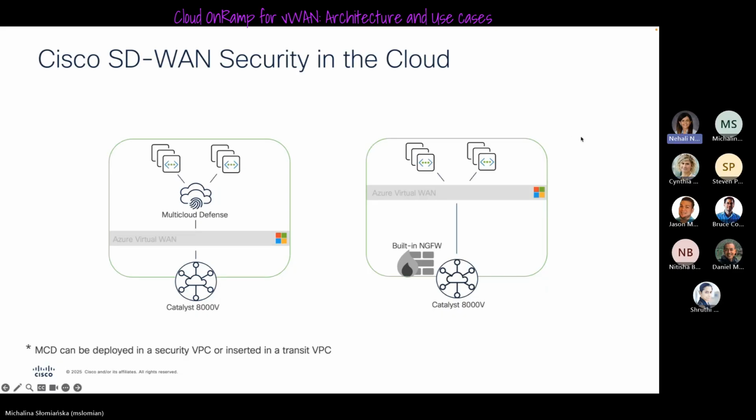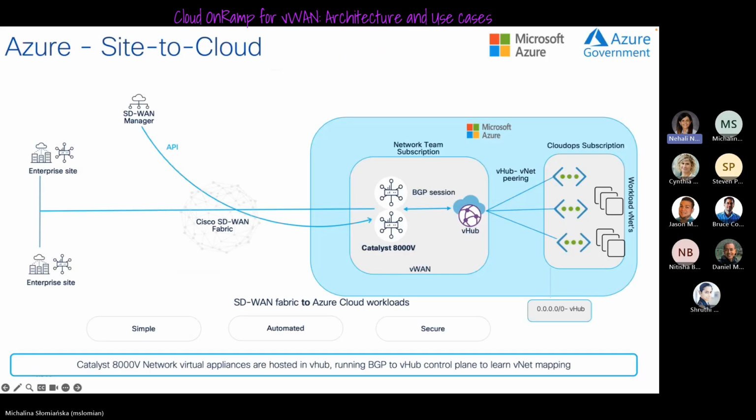And I have one more question, Mia. Going back to your couple slides before this one, I just wanted to call out, if you go back to this one. So I see that you have the VNets in CloudOps subscription and the vHub itself in the network team subscription.